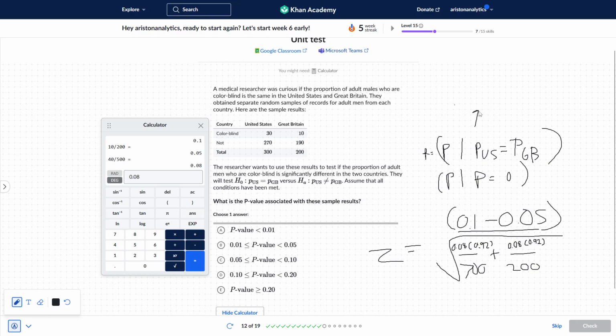This can also be expressed as P, the probability of the sample statistic given H naught.